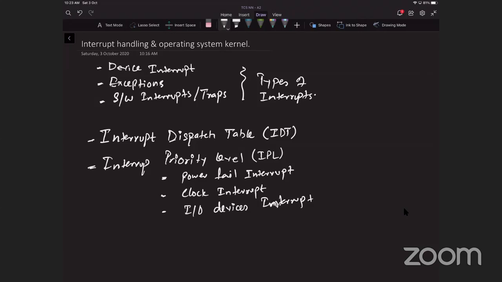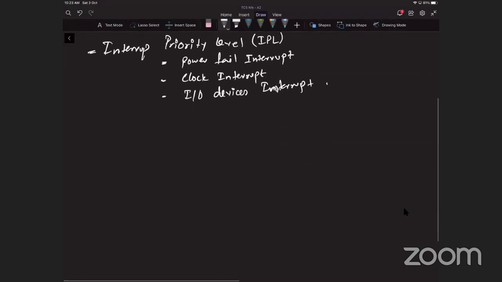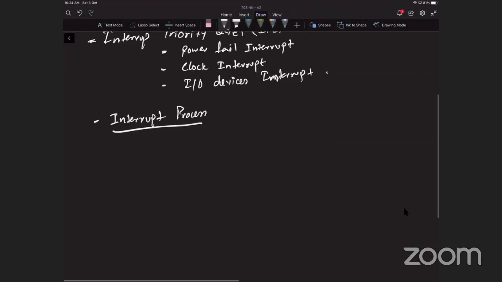All right. So let's summarize how it all basically works. The interrupt process, how it happens. So an interrupt is received.